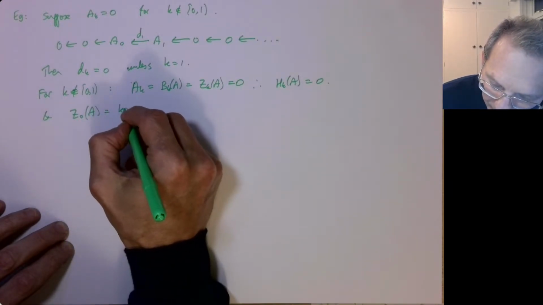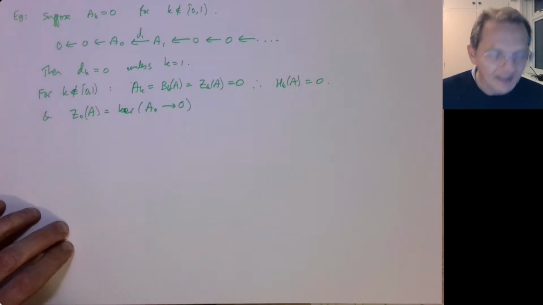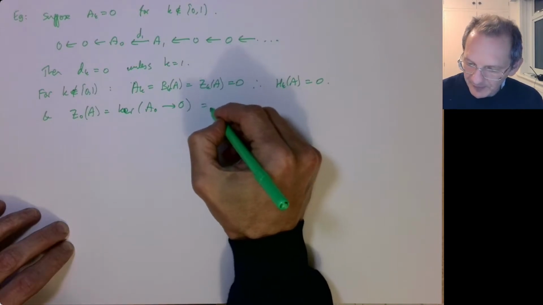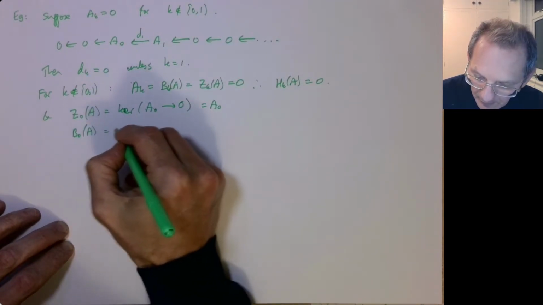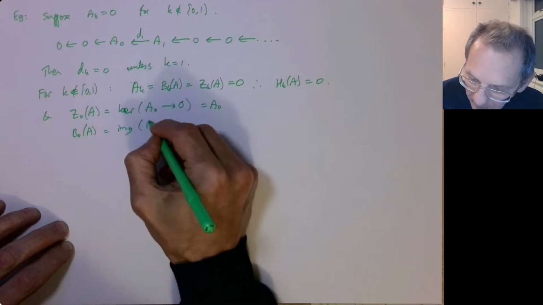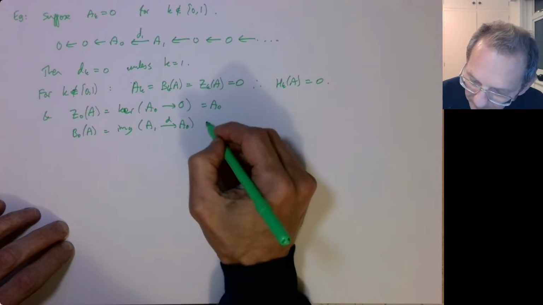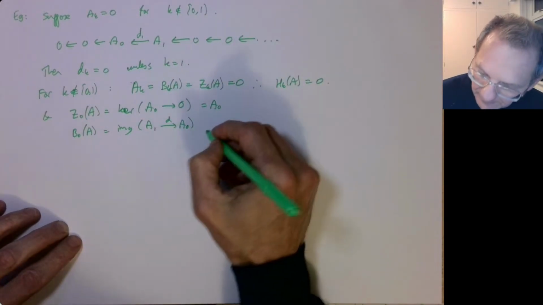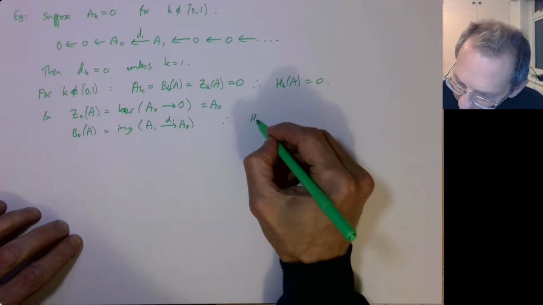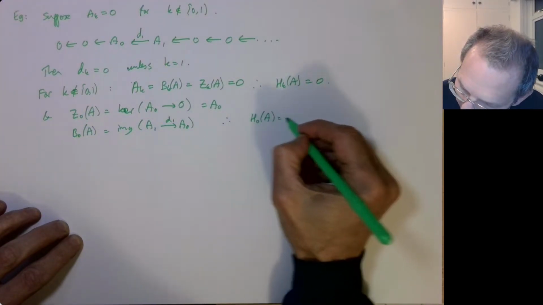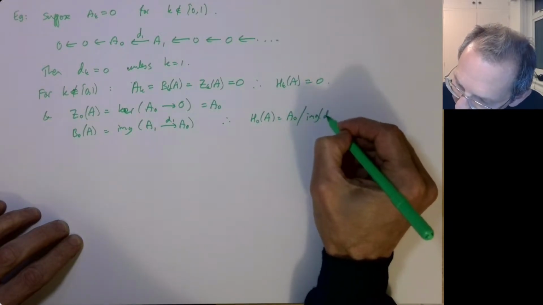That's the kernel of the differential going from A0 to 0, so that's just the whole of A0. B_0 A is the image of A1 going by D to A0. And so your zeroth homology group is A0 mod the image of D1.